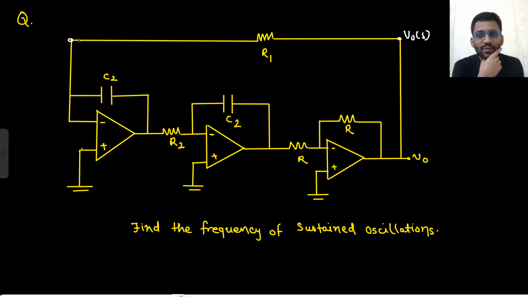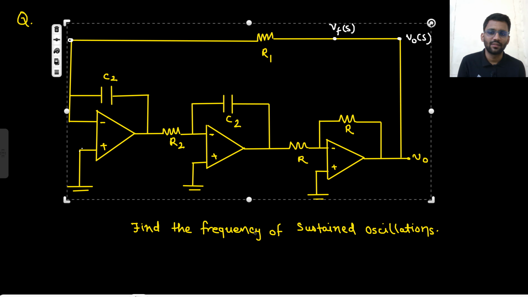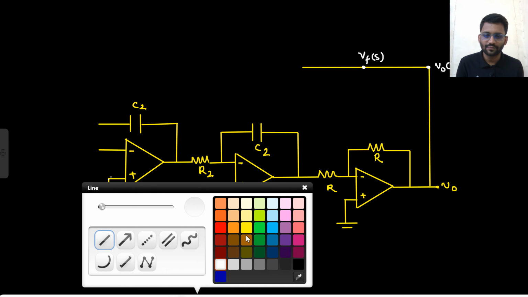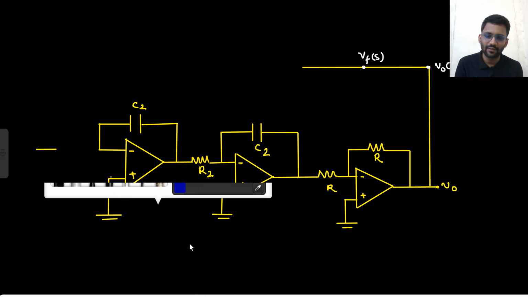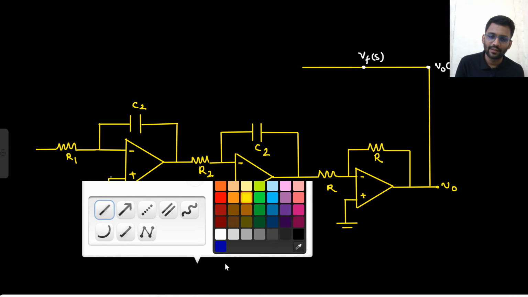So this is my V0S, this will be my VFS. Now I will redraw the circuit and you will be able to see it. I am going to put that R1 resistance here, and then connect them up.